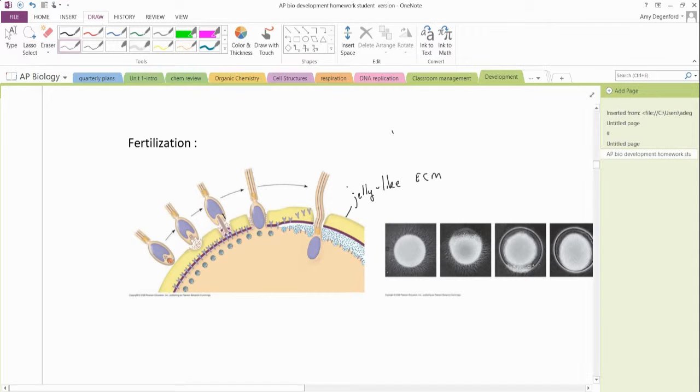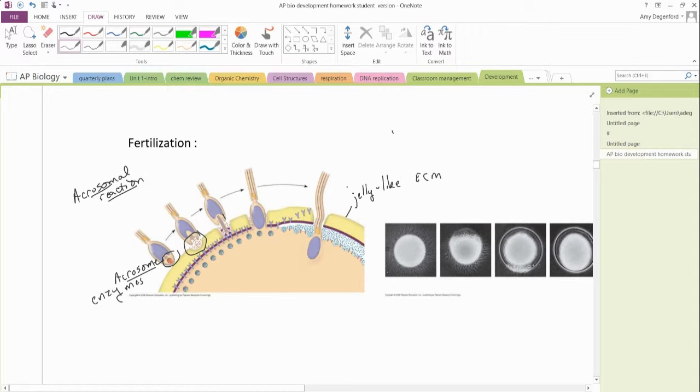When the sperm binds to this jelly-like coating, it starts something called the acrosomal reaction. The acrosomal reaction is so named because of this little part that is labeled orangish red here, and that is called the acrosome. The acrosome contains enzymes, and these hydrolytic enzymes are going to be released.